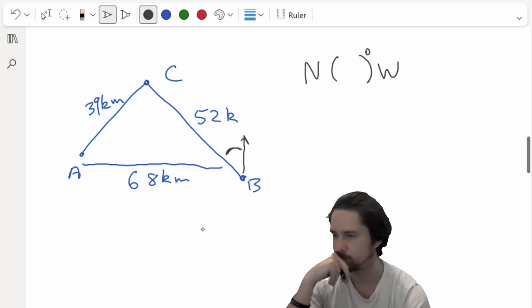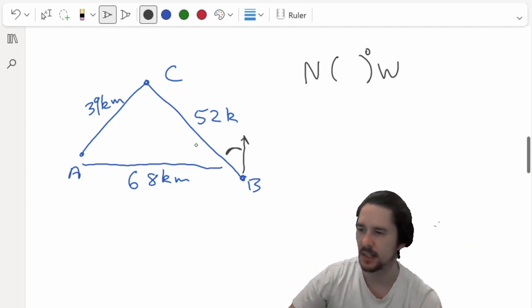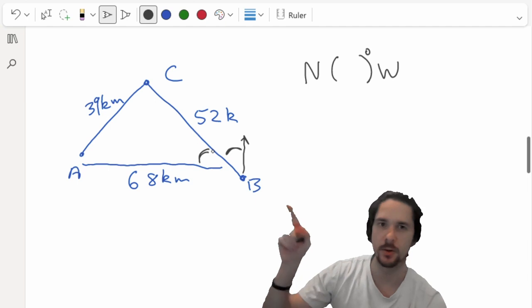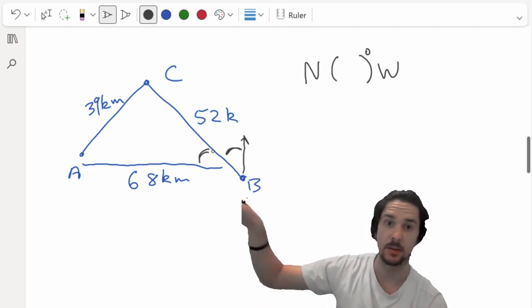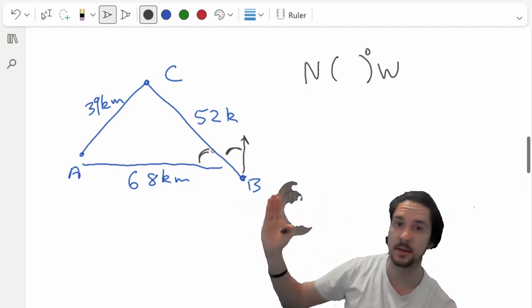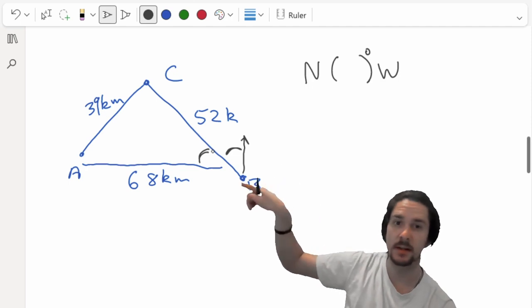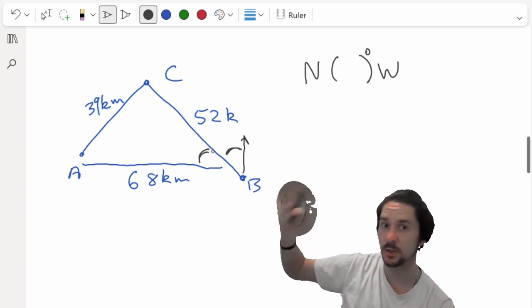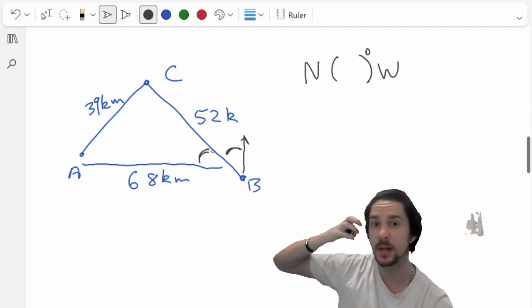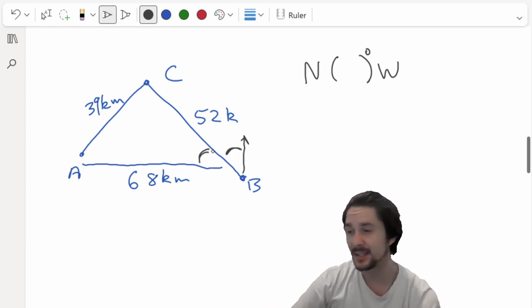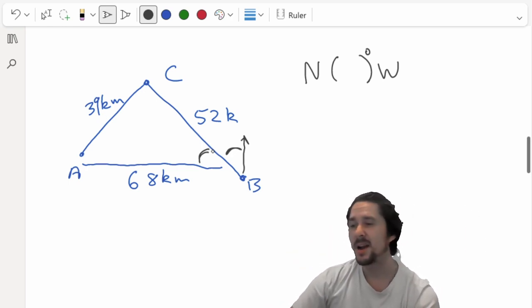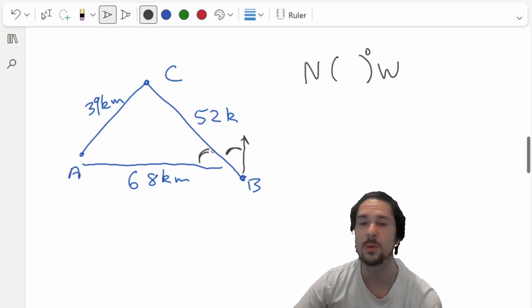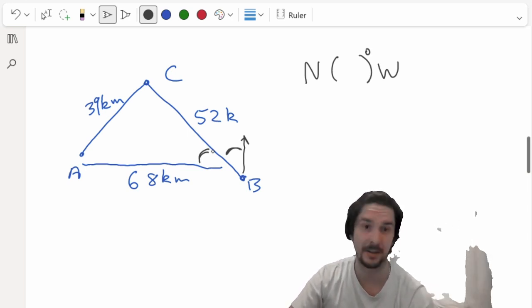Let me think. So if we knew this angle here, we know that those two angles have to add up to 90, right? Because A is due west, and then that's north. So if we can find the angle inside the triangle, then just subtract it from 90, that'll give us the angle outside the triangle. So for the angle inside the triangle, I'm going to use the cosine rule because we don't know any angles.